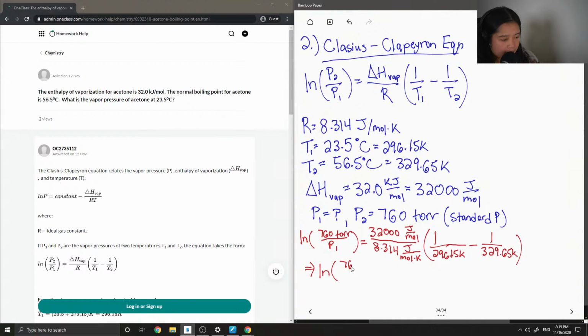Okay, so let's simplify the right side. Plugging that all in should give you 1.321.